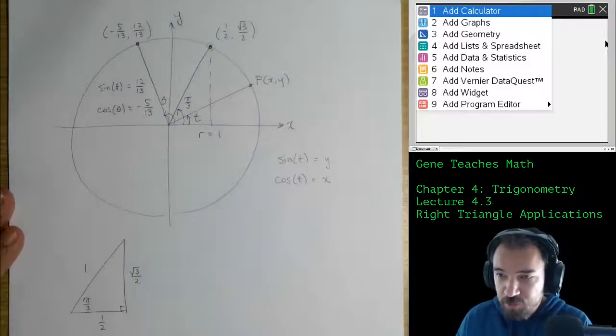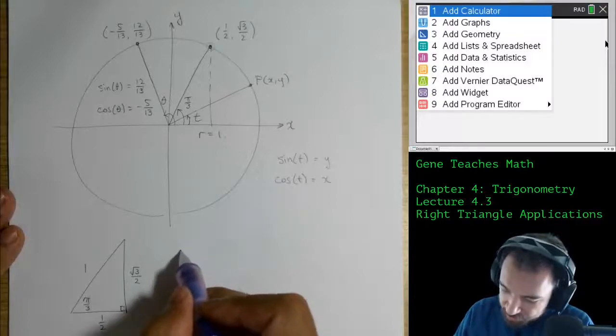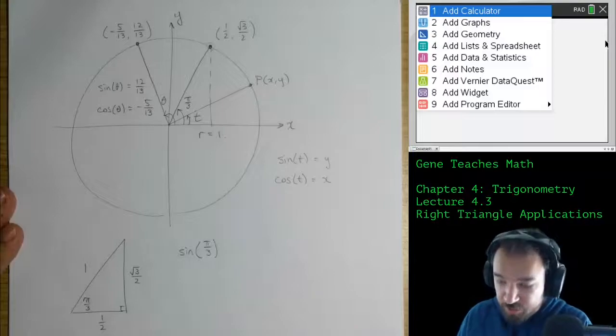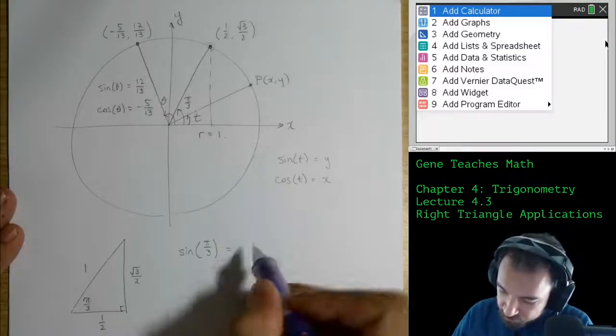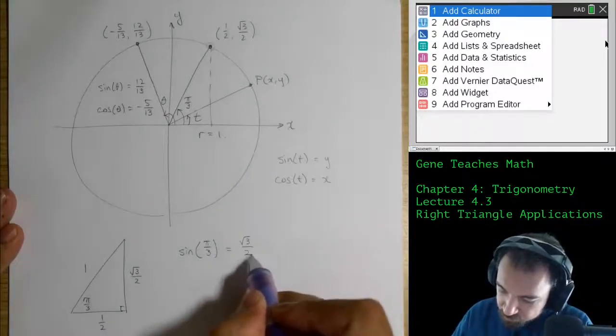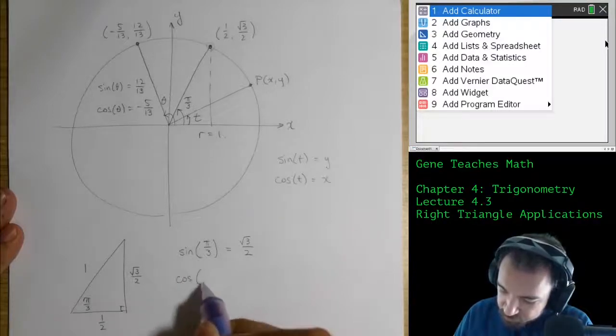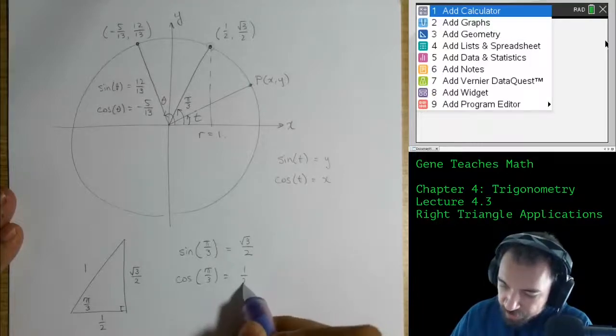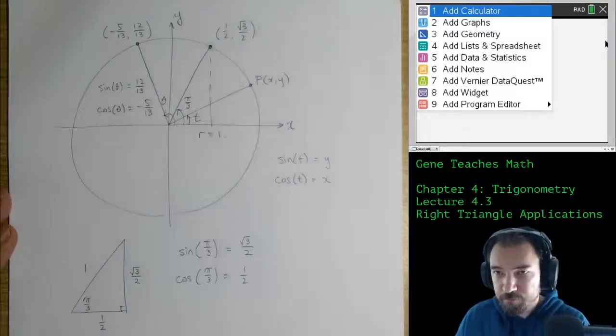And then we were able to use that information to say that sine of the angle π/3, which is an angle we understand, has a definite value of √3/2, and that cosine of π/3 has the value 1/2, corresponding to the x coordinate here.